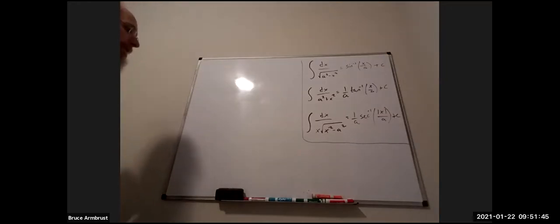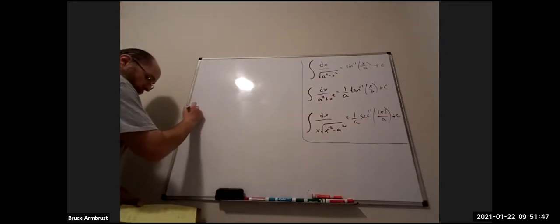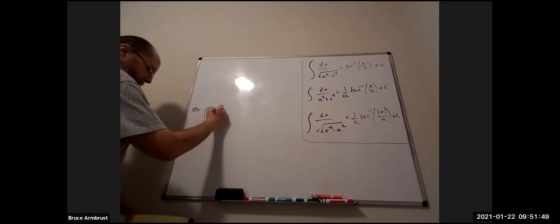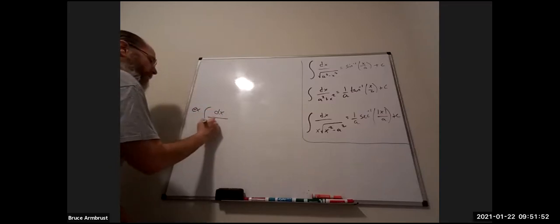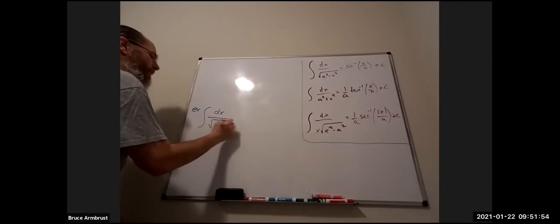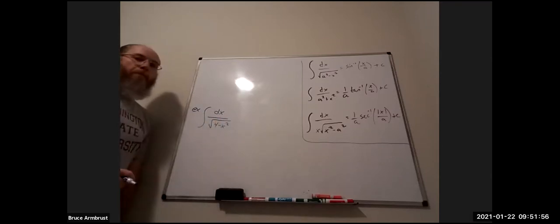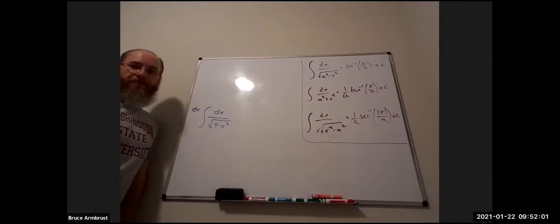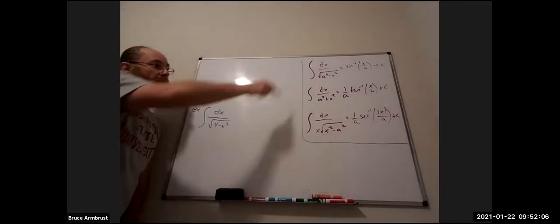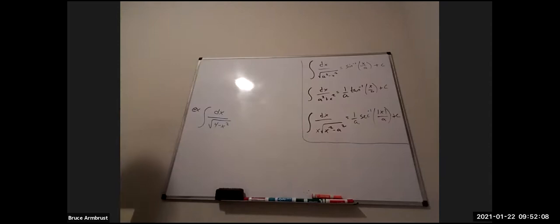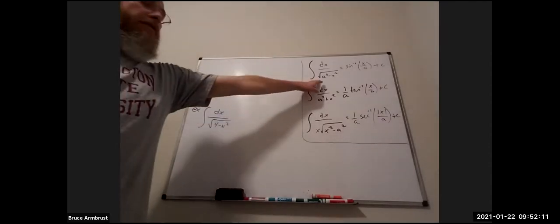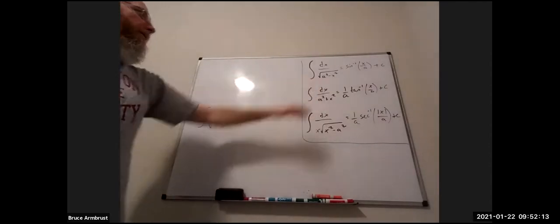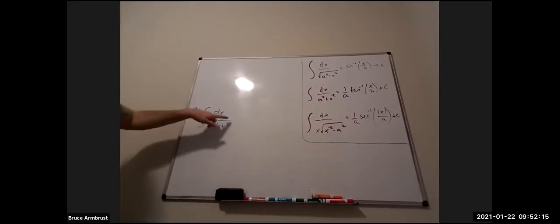All right, so for example, let's say we've got the integral of dx over the square root of 4 minus x squared. So I just want to anti-differentiate this function. If you look at the forms over here, you can see that that's very similar to the first one. We've got 1 over the square root of something minus x squared.